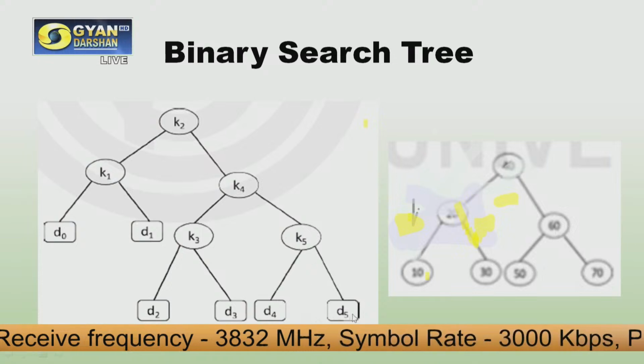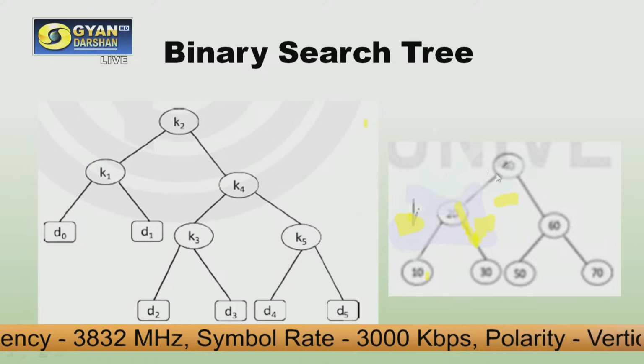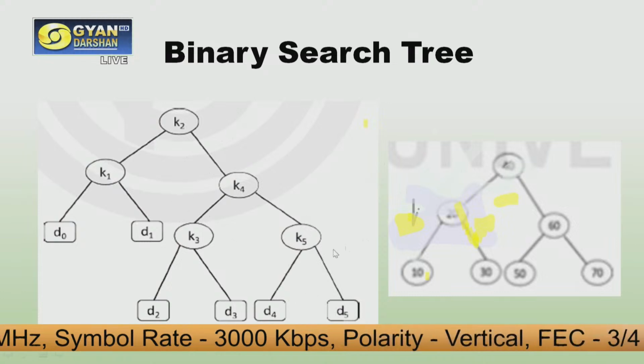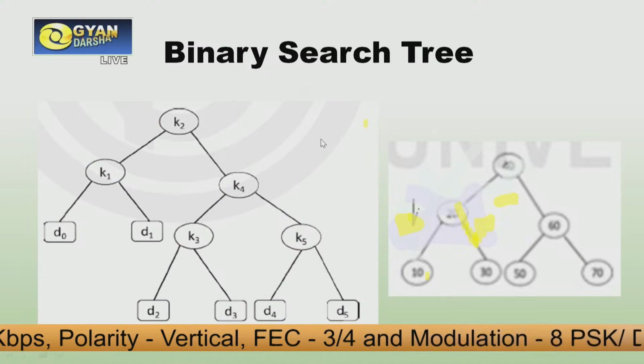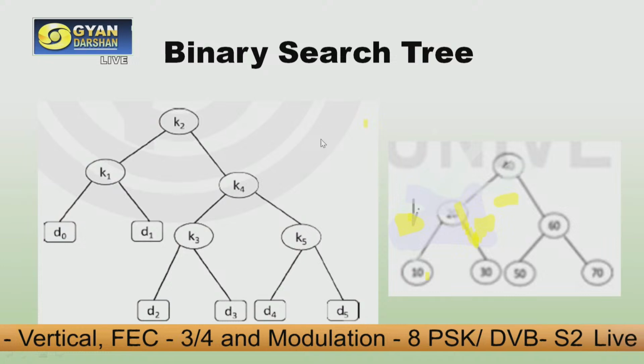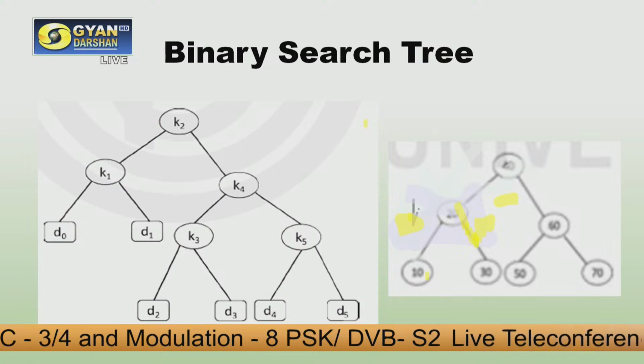So like that you are going to predict all these particular values. This is how our binary search tree will be framed. Now that we have looked into the example, let us look into some more details as far as probability is concerned.